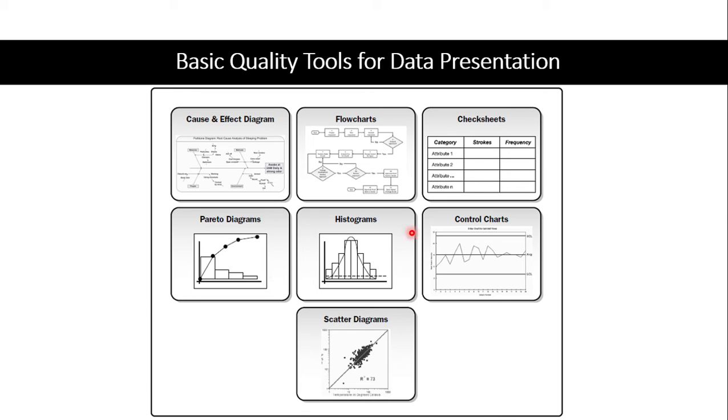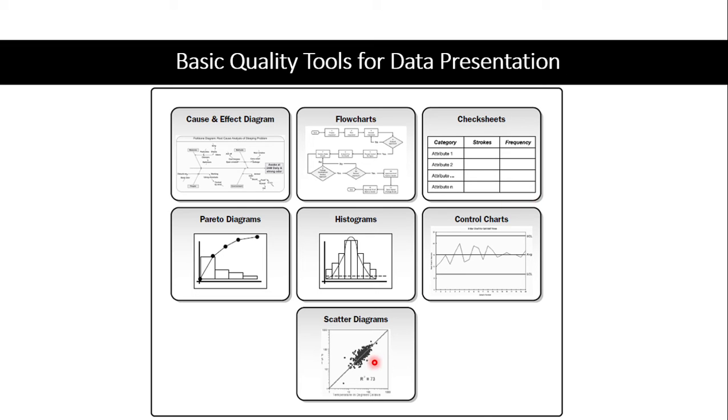Control charts, we have done earlier also. We give you the threshold levels, the upper boundary threshold level and the lower boundary threshold level, and you can plot your control charts. Within these up and down percentage boundaries is your tolerable percentage, and if your control chart goes beyond the tolerable limit, then of course it's escalation.